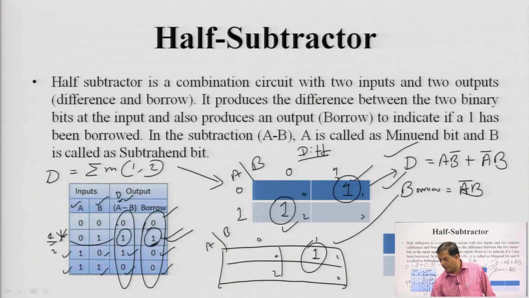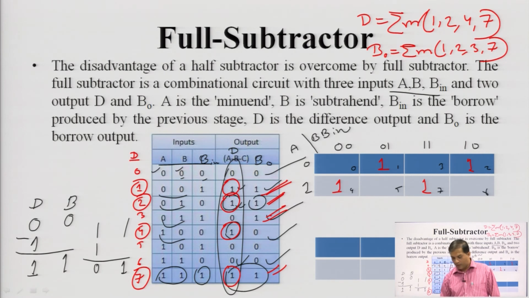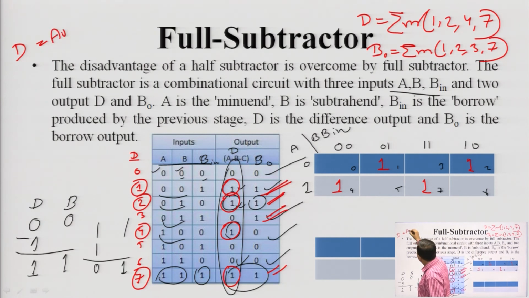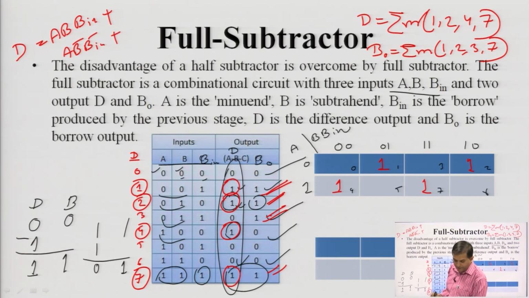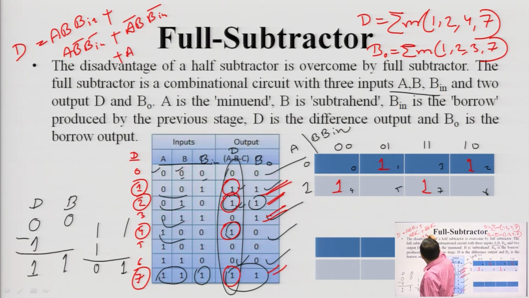So, we will write that value. It will be coming as full adder: D will be A B B in plus A B bar B in bar plus A bar B B in bar plus A bar B bar B in.